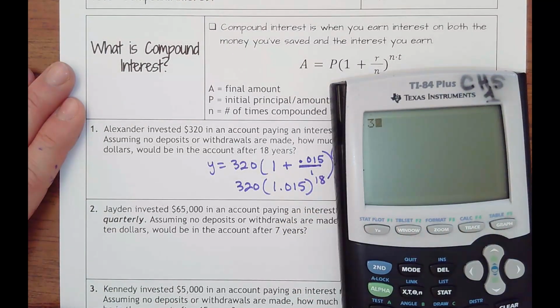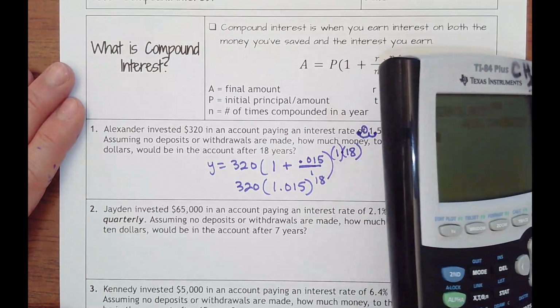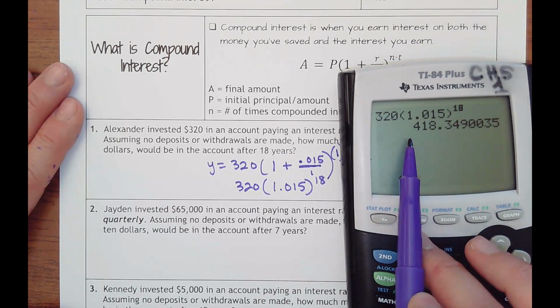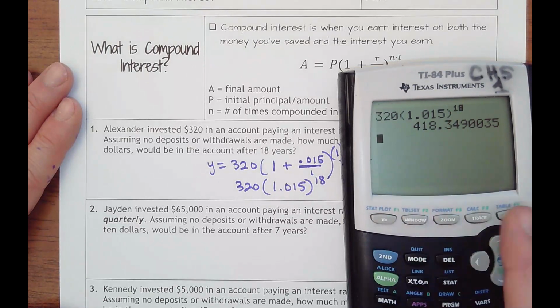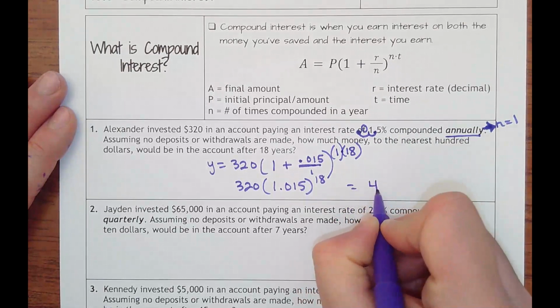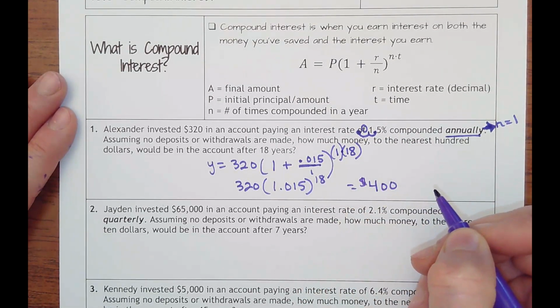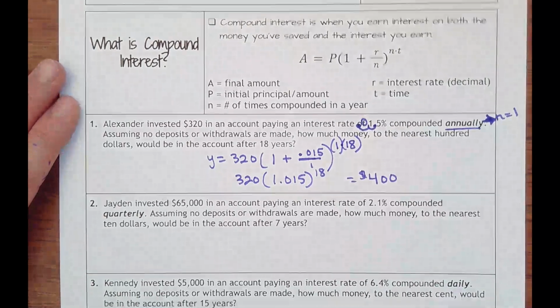Okay, 320 times 1.015 to the 18th power to the nearest, what'd it say? $100. Well, that's 400, so it's either going to be 400 or it's going to round up to 500, which would be 400. Kind of a weird, to the nearest 100.